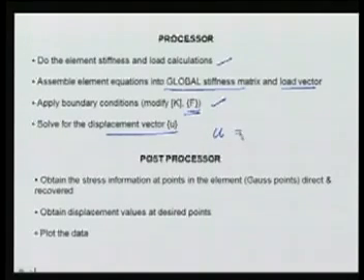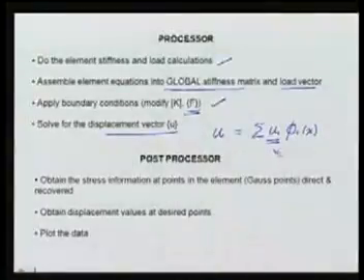If you remember, u approximate was the sum of u_i phi_i. We always have to remember that this is going to be true irrespective of what we do. So, once I have these coefficients, I have essentially the whole approximate solution. In the whole domain, wherever I need the solution, I can plug in the value of x, I know the coefficients, and I will get u. It's as simple as that.